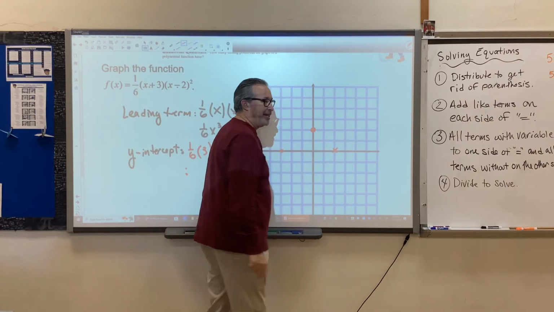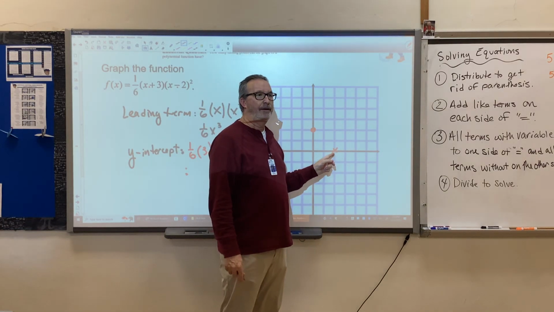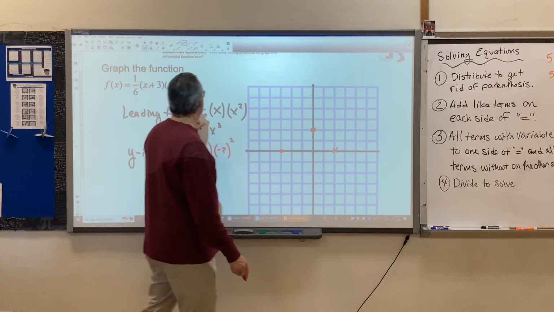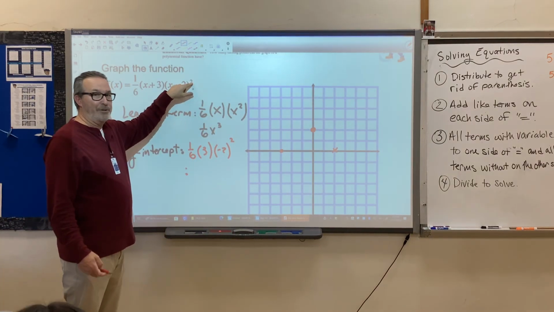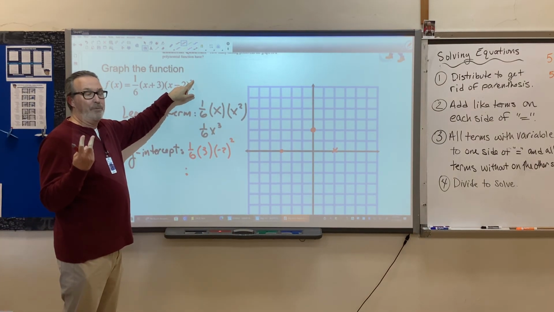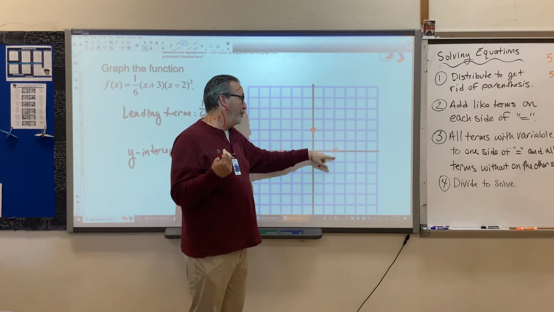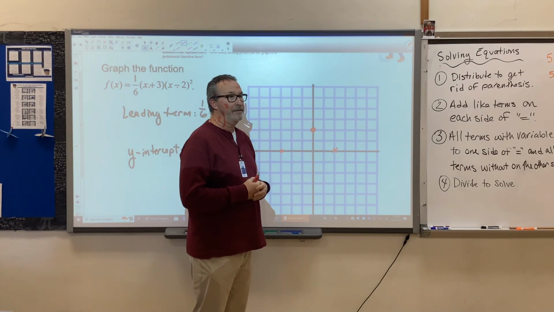Some people put x's when it does not go through there, and just put a dot when it does go through there. And I know it doesn't go through at positive 2 because there's a power of 2 on it. That means there will not be a sign change. That means the y value will not go through the x-axis.